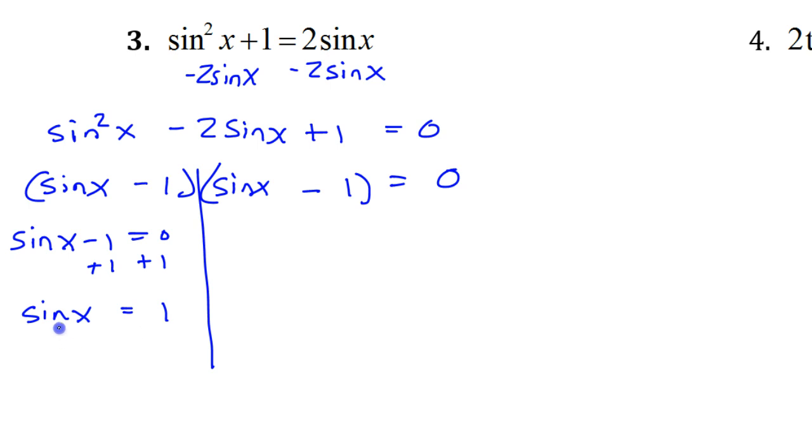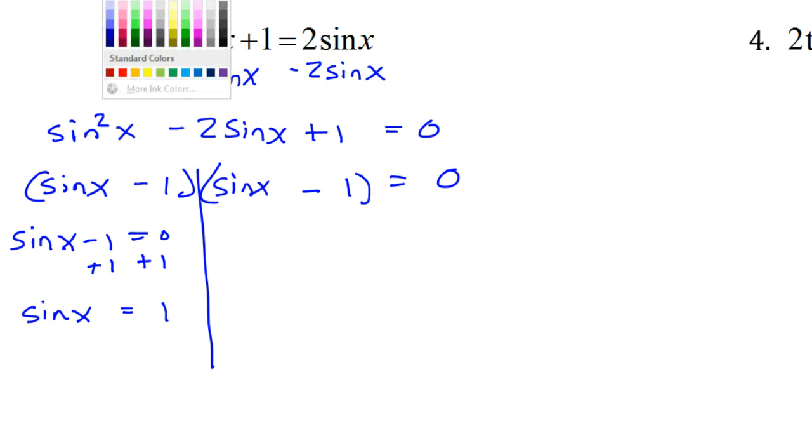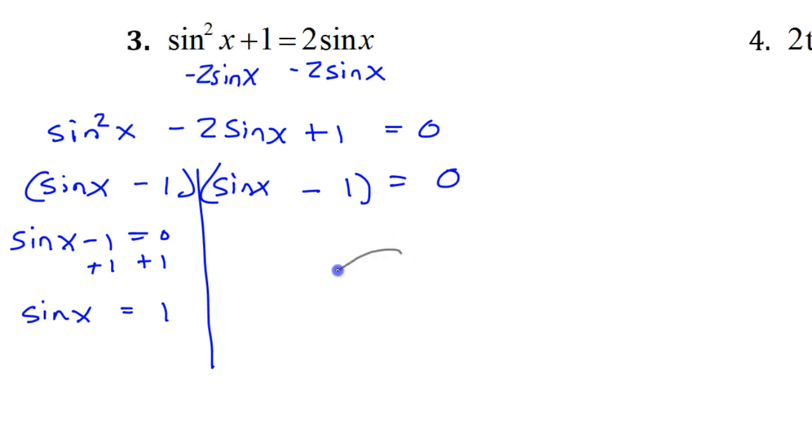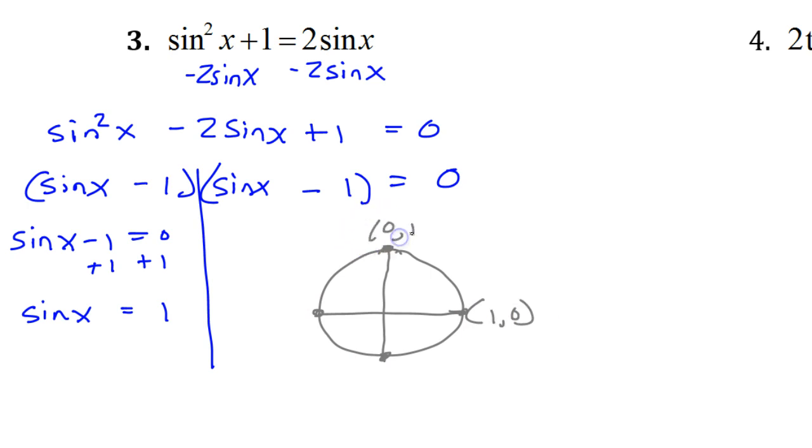So then I ask myself, sine of what will give me 1? So let's go to the unit circle. Okay, I'm thinking quadrantal angles, multiples of pi over 2, because here we have 1 comma 0, 0 comma 1, negative 1 comma 0, and 0 comma negative 1.